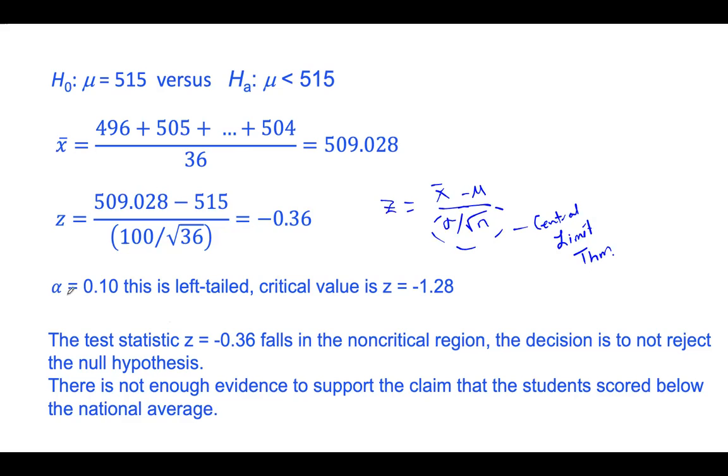And so alpha is equal to 0.10. We can draw a picture first. And we are testing to see if it's less than 515. Because it's a one-tailed left test, it's on this side. So it's a left-tailed test.